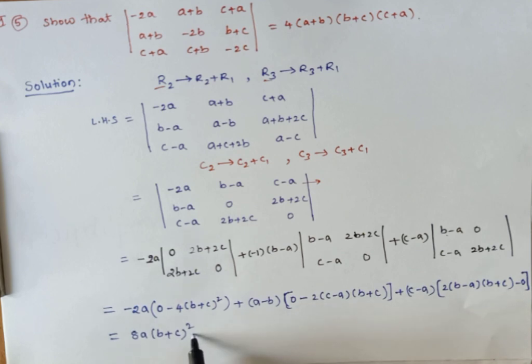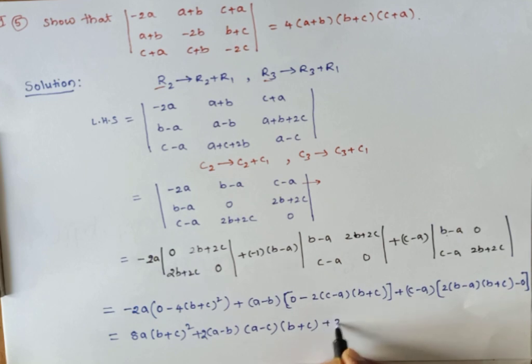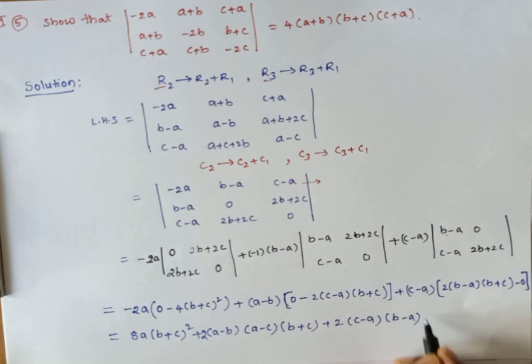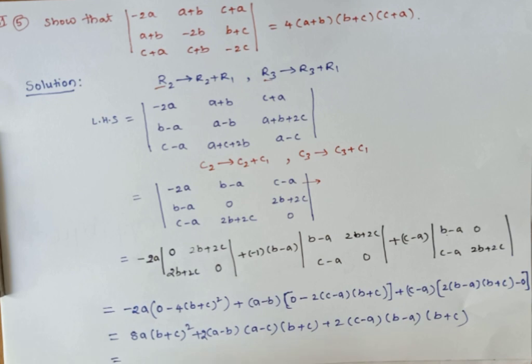Now this is plus a minus b into, so 2 is common, 2 into a minus b into, so negative sign is there, you can write c minus a as a minus c into b plus c, plus 2 times of c minus a, b minus a into b plus c. Right? Now, in the entire problem, there are 3 terms. In each and every term, the 2 is common, and the b plus c term is also common.